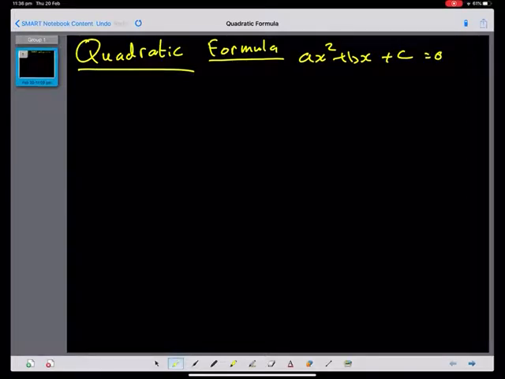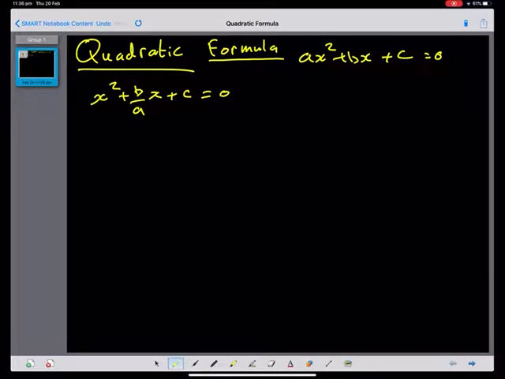Well, we don't know whether a is 1 or not, so let's divide throughout by a. So we get x squared plus b over a x plus c over a, which is equal to 0.